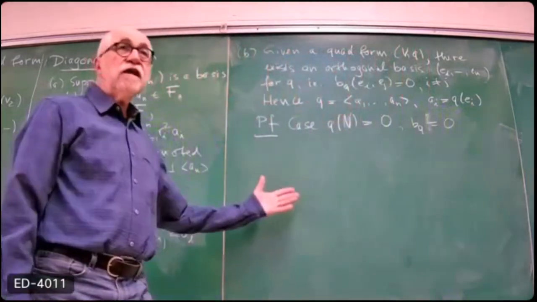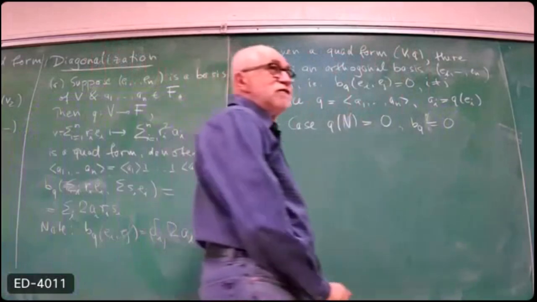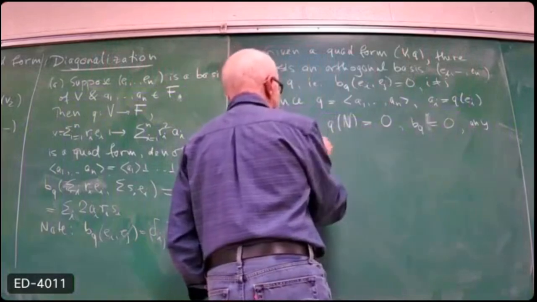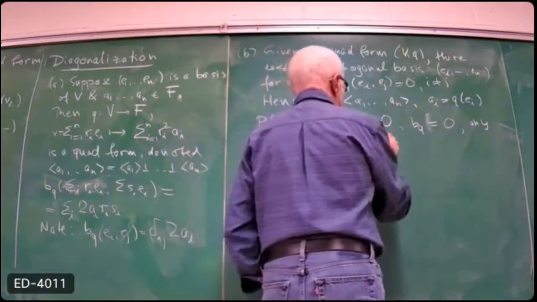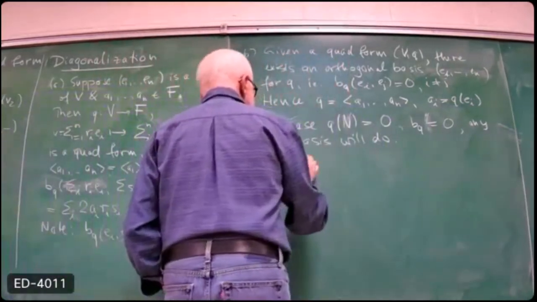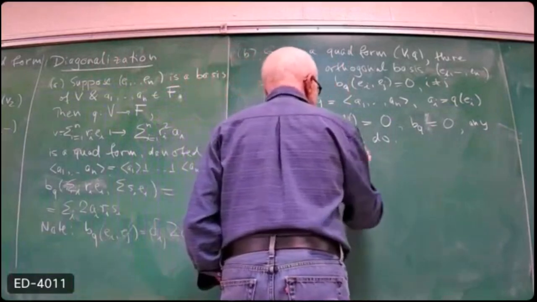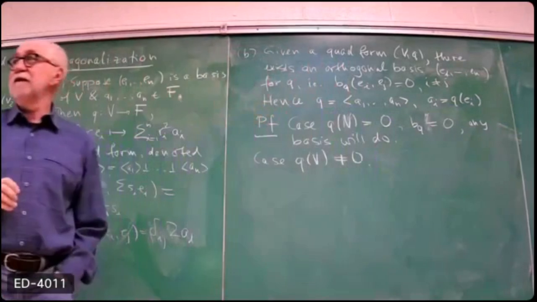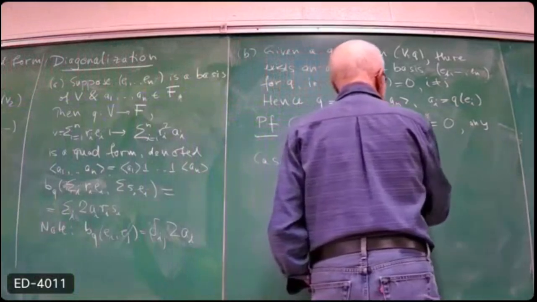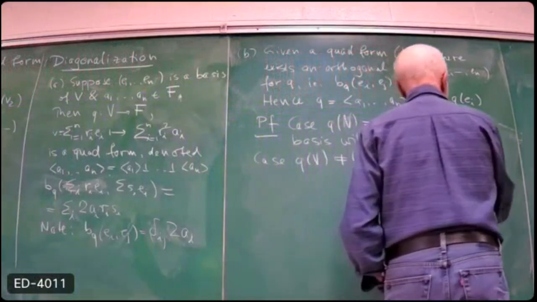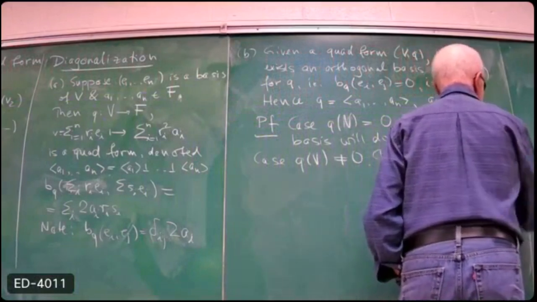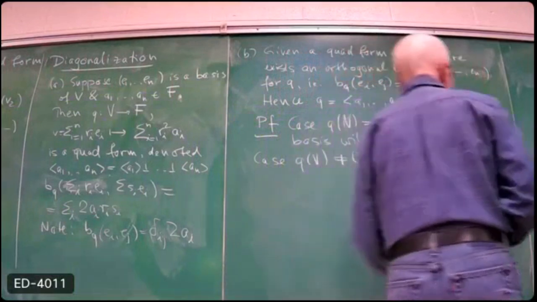And then any basis will be orthogonal. This is sort of stupid. Any basis will do. Okay, so this leaves the more interesting case that Q is not zero. So then that means you can choose an e in V such that Q of e is not zero. Okay, I'll call it a.